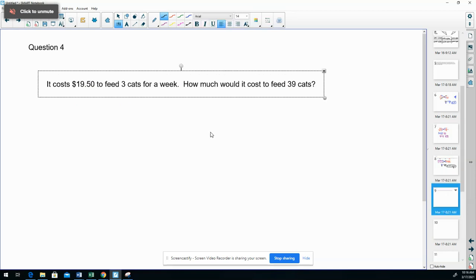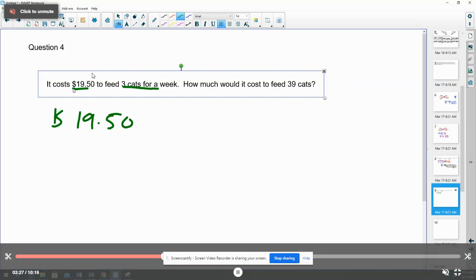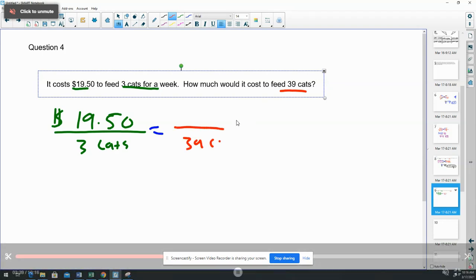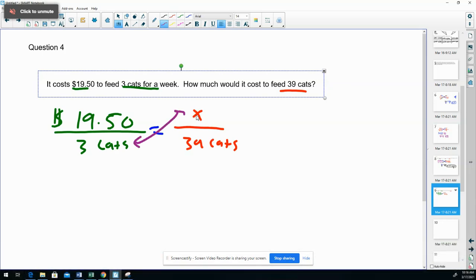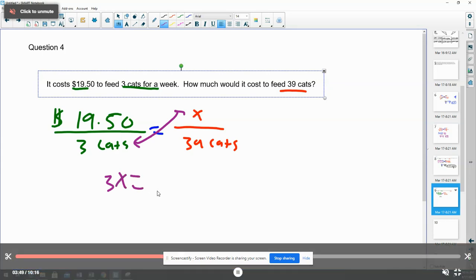Okay, question 4. It costs $19.50 to feed 3 cats for a week. How much would it cost to feed 39 cats? So we have $19.50 over 3 cats. Okay, $19.50 for 3 cats, or per 3 cats. That's going to equal, we know 39 cats. So now notice how cats goes on the bottom now, and x goes on top. Okay, so now we have 3x equals 39 times 19.50.